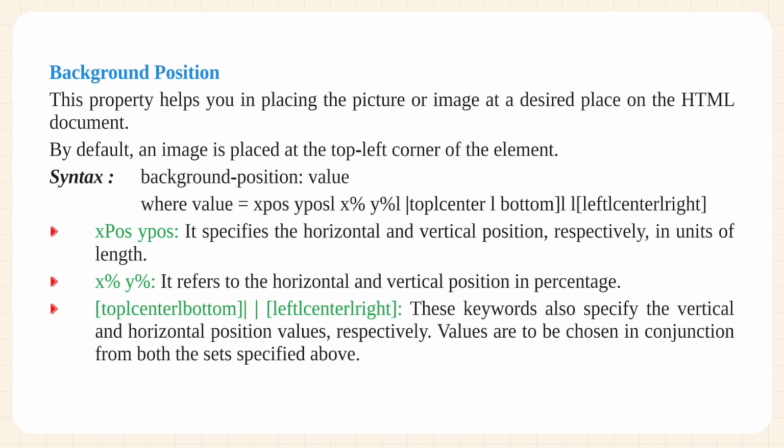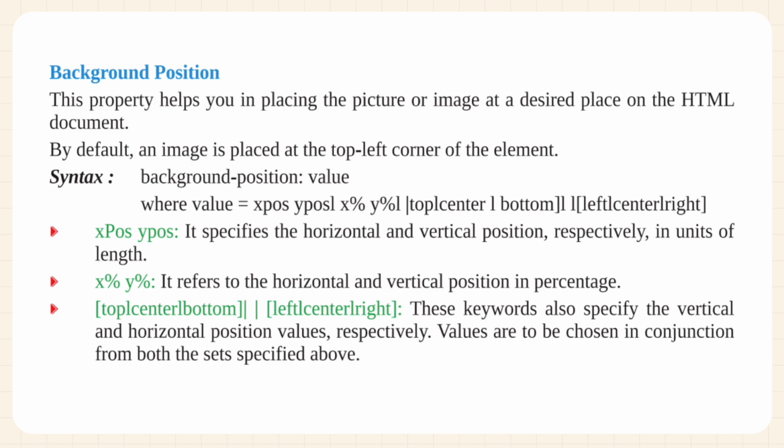Background position. This property helps you in placing the picture or image at a desired place on the HTML document. By default, an image is placed at the top left corner of the element. Syntax. background-position: value, where value is equal to xpos ypos, x% y%, top | center | bottom, left | center | right.